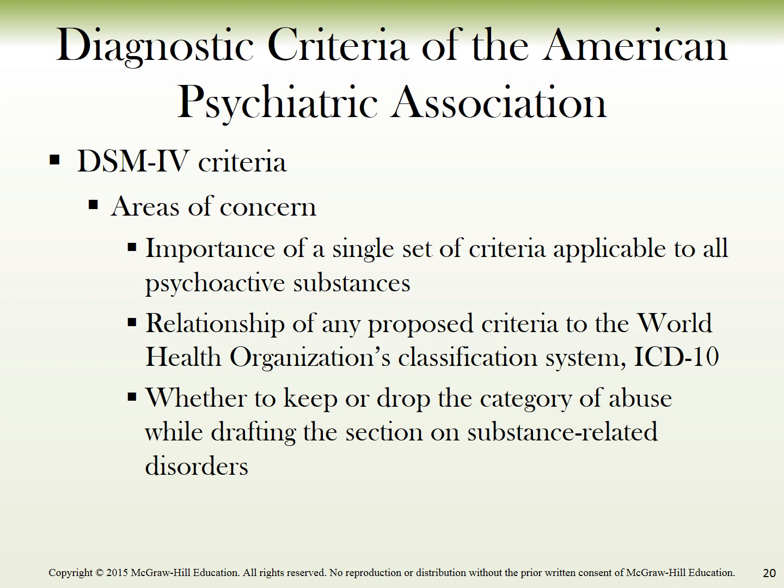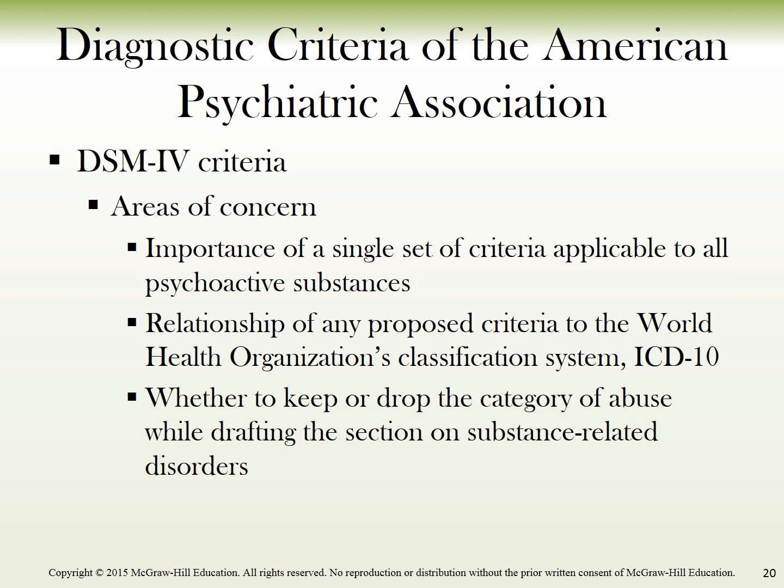There also was an attempt to ensure that the DSM-4 criteria were integrated with the ICD-10 classification system. We talked earlier in this chapter about both the World Health Organization and the American Psychiatric Association. Then there was discussion, or potential disagreement, about whether the category of abuse should be maintained.